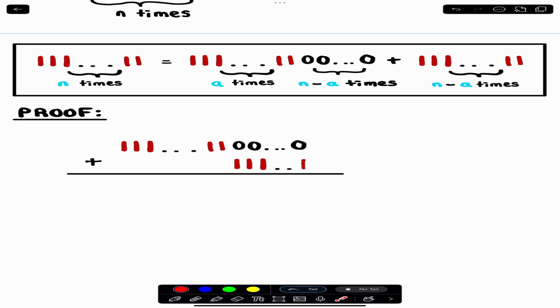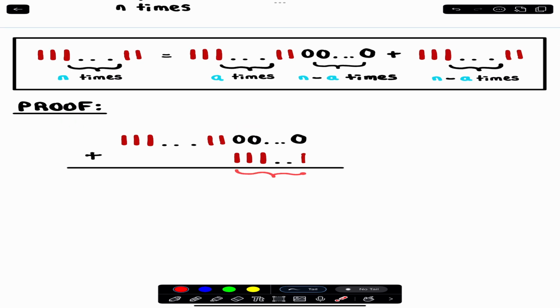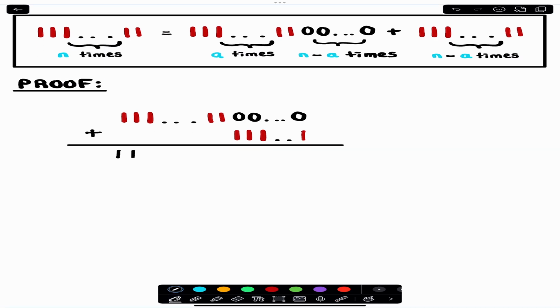Because there are n minus a slots from here to here, so they will be filled by these n minus a ones. And now when we add everything up, again, column-wise, we just get a bunch of ones.